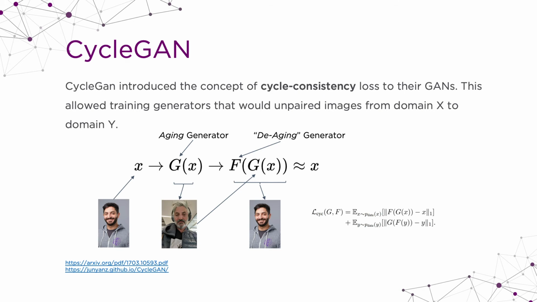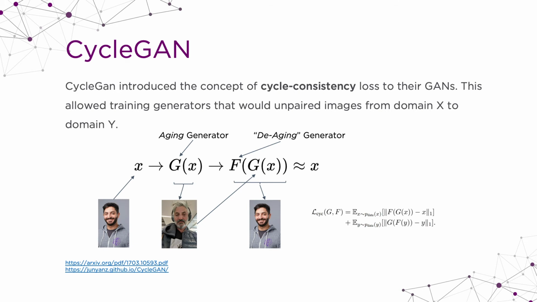And the idea is that when you pass the image to the aging generator, to the de-aging generator, it should then be able to fool another discriminator whose job is to determine whether this is a young person or not. So you train these networks in this cyclical fashion, and you can then go and map realistically from one domain to the next without necessarily having images that were explicitly trained to be directly mapped.